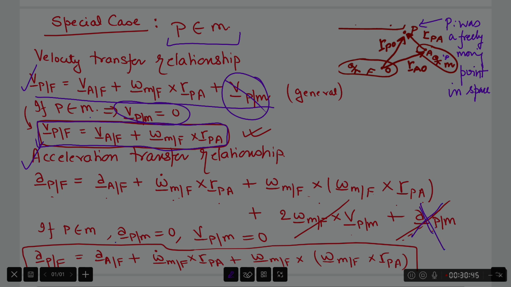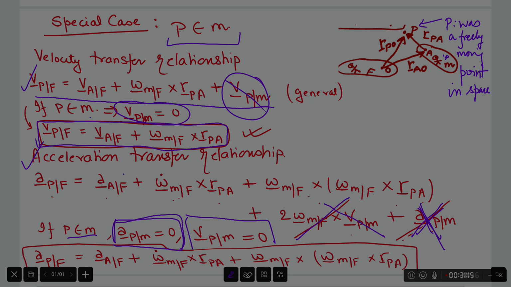Because APM must be 0 if P is fixed in M. If P is fixed in M, the particle P is going nowhere with respect to the frame M, with respect to the observer tied to frame M. The particle will have 0 velocity, which we have acknowledged already. It will also have acceleration 0. APM will also be 0. So APM 0 takes away this term. BPM 0 takes away this term.